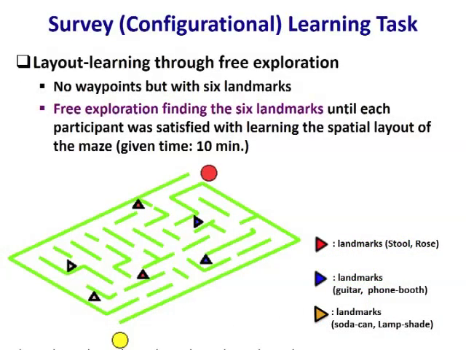After the participant finished the route replication tasks, we removed all the waypoints, but all 6 landmarks were visible to the participants for the survey learning task. Each participant was allowed to spend up to 10 minutes to freely explore the maze until they were satisfied with learning the spatial layout of the maze.